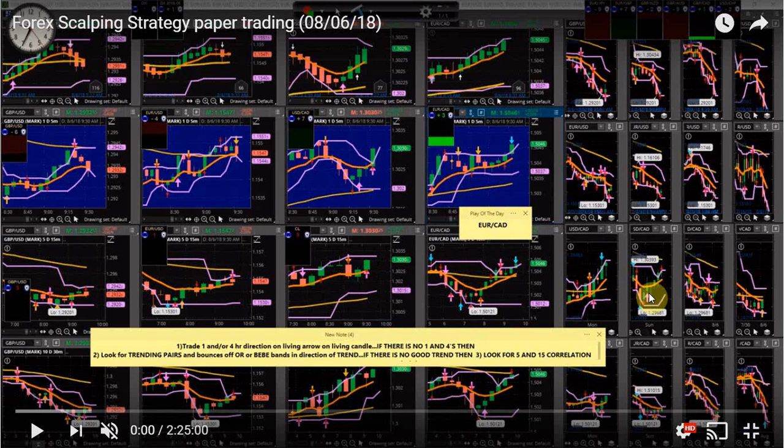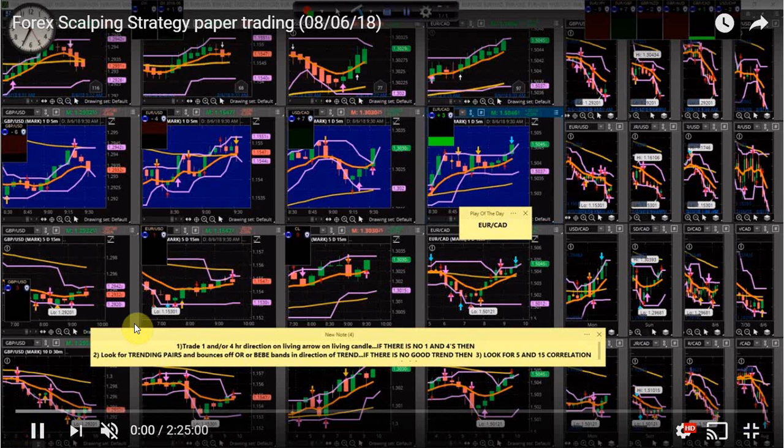I want to talk about the UC on rule number one. It's so clear to me that I see the UC going up and I want to go down with this live arrow.